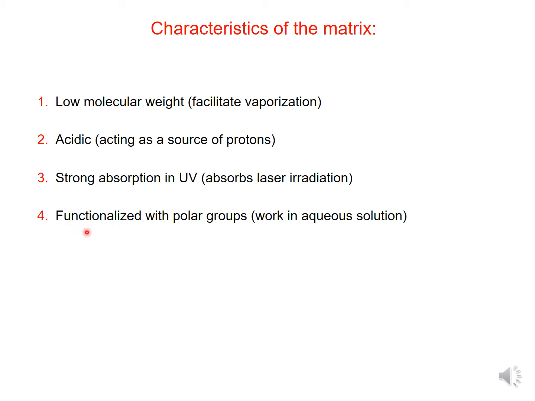And regarding functionalization, these compounds are generally functionalized with a polar group because generally we work in an aqueous solution or an organic solution, and then we need to have a polar group to allow the dissolution of our compound in the aqueous solution.